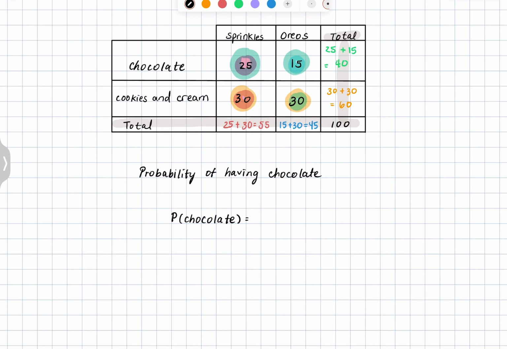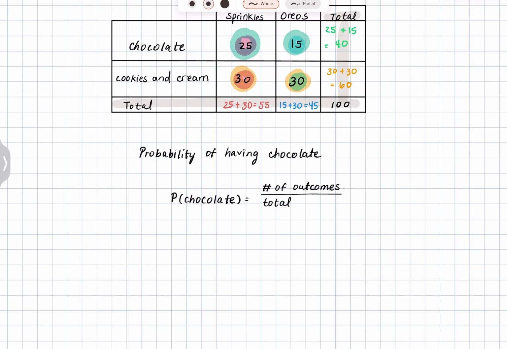Okay, so once we have chocolate, our formula for probability is total number of outcomes, and I'll explain what this means in a second, over total number of outcomes, or I just like to say total, since we have that in our table.